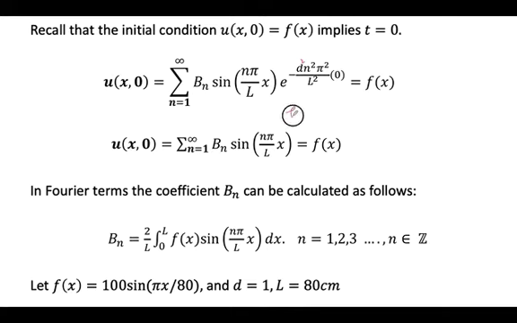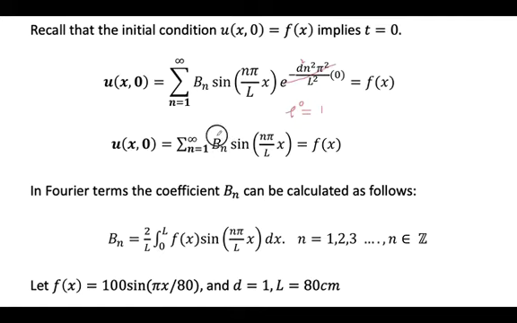And e power 0 is equal to 1, so this term diminishes. So u of x, 0 gives us the summation from n equal to 1 to infinity of Bn sine n pi over L x, and this diminishes, and we are left with 1 here. This is equal to f of x.